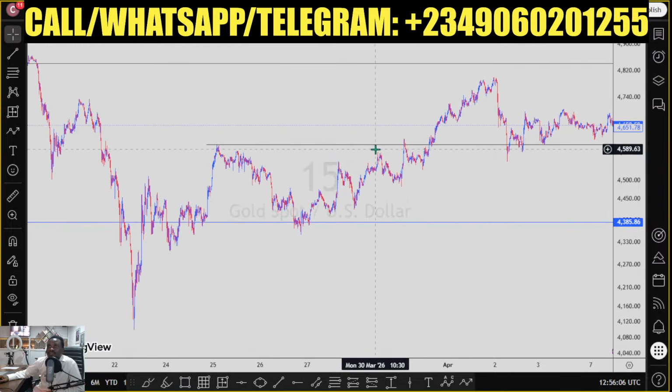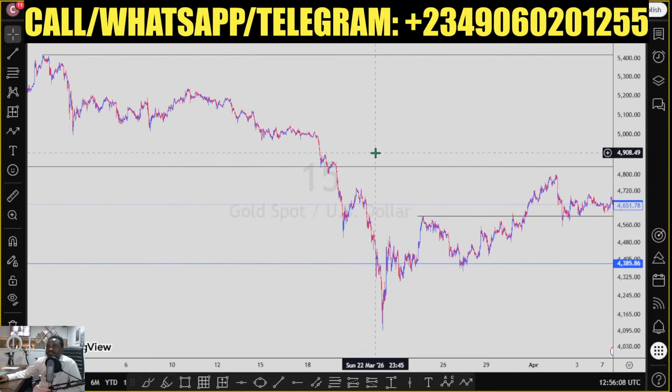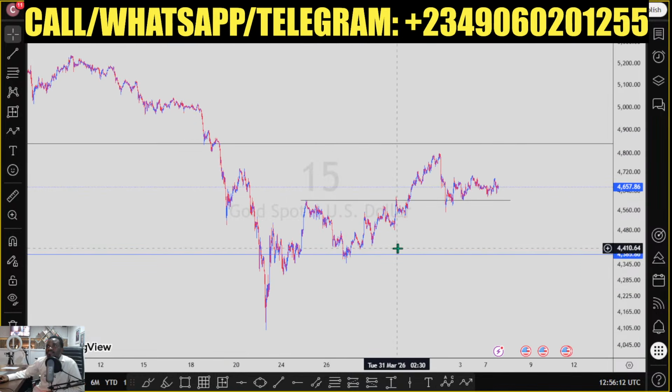So based on what we have right here, you can see price needs to close to 4,385 to see what price has to offer. We also have the 4,600 price level.